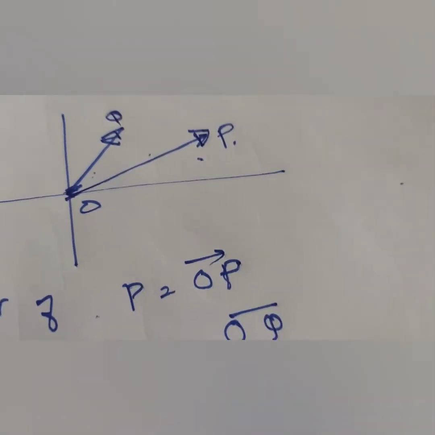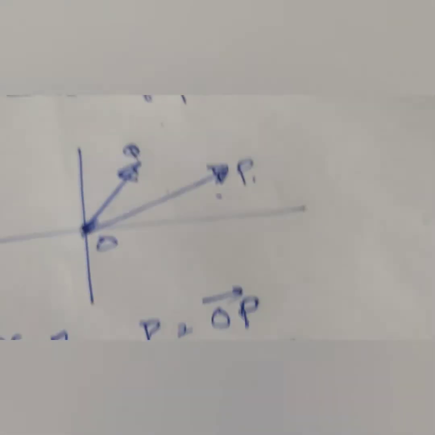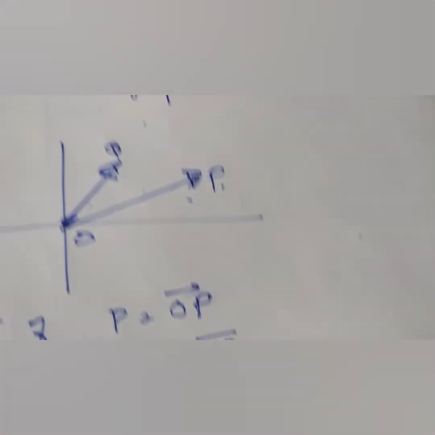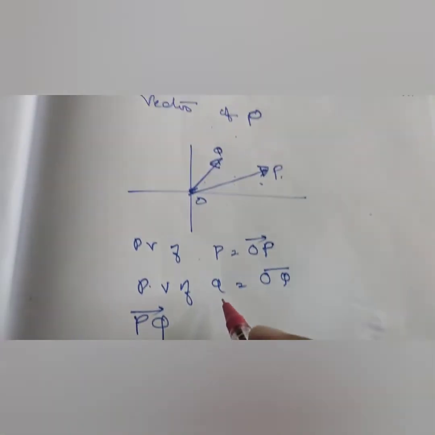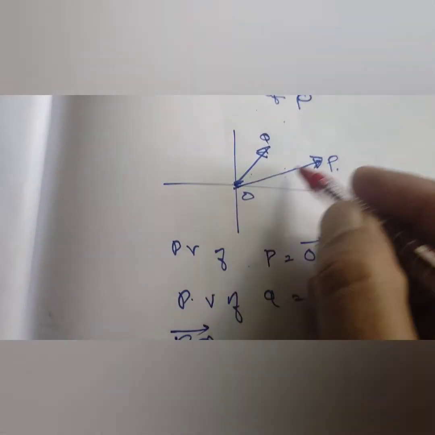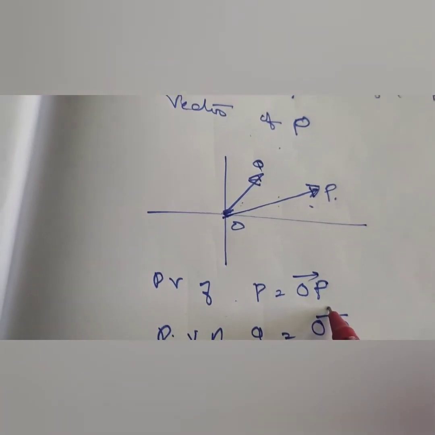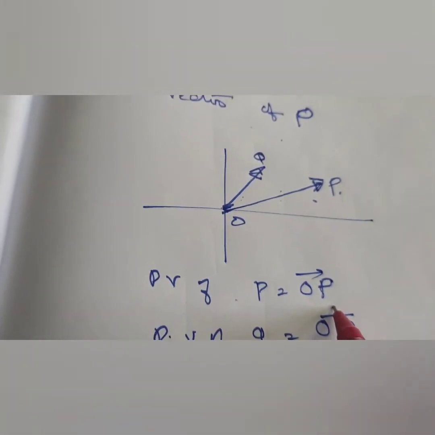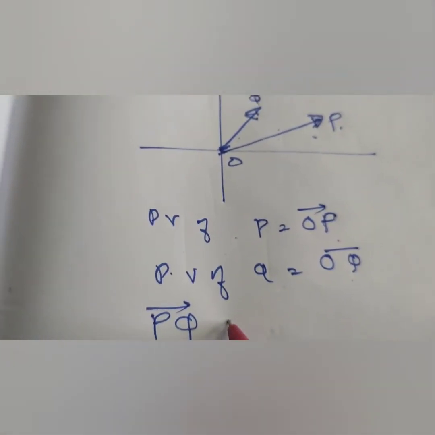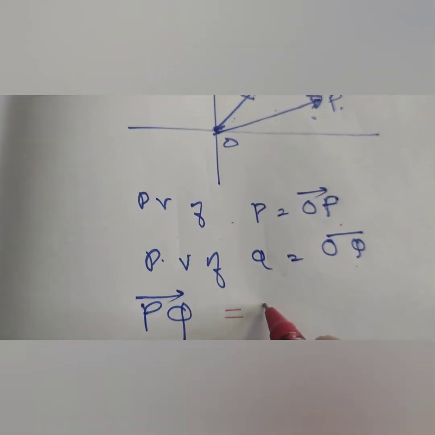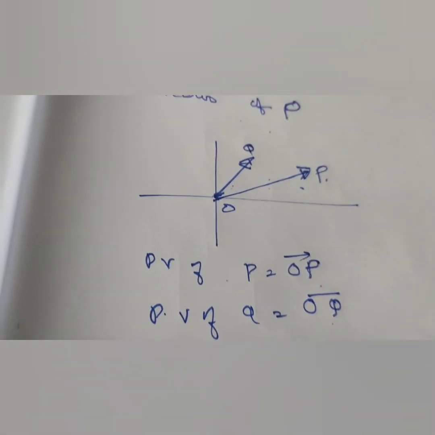Now, what is PQ? PQ is from here, you know. Now PQ is equal to vector PO plus vector OQ.